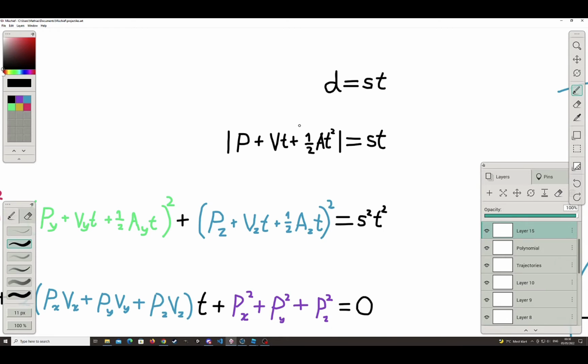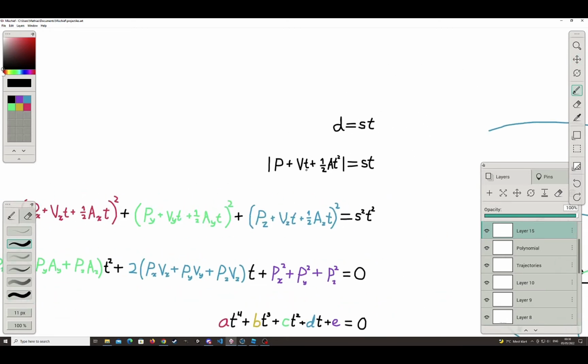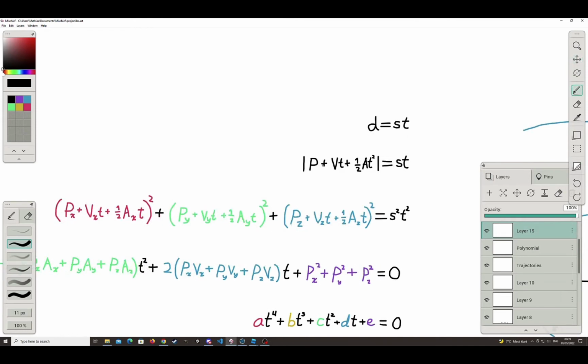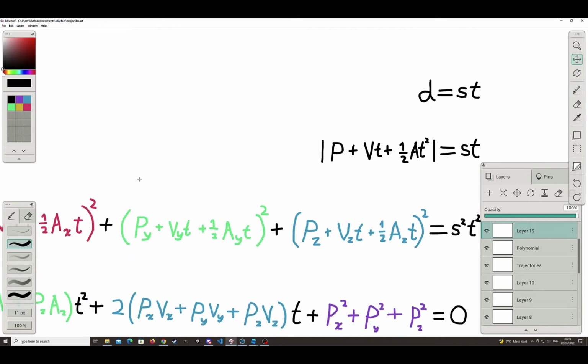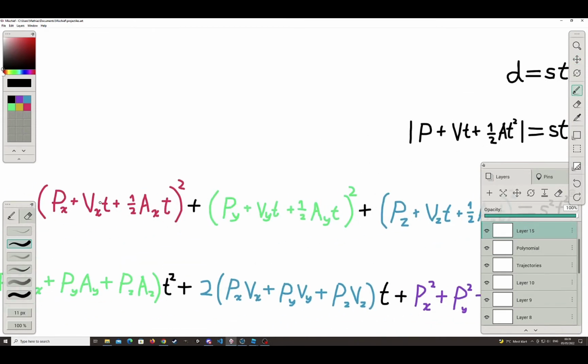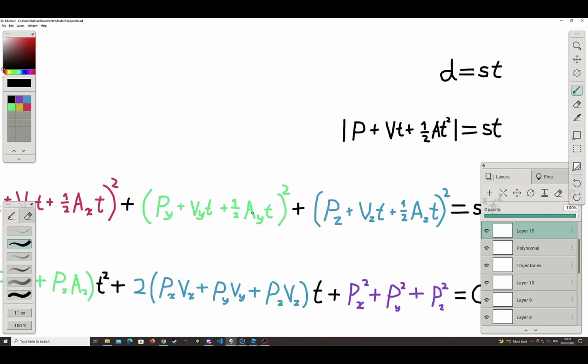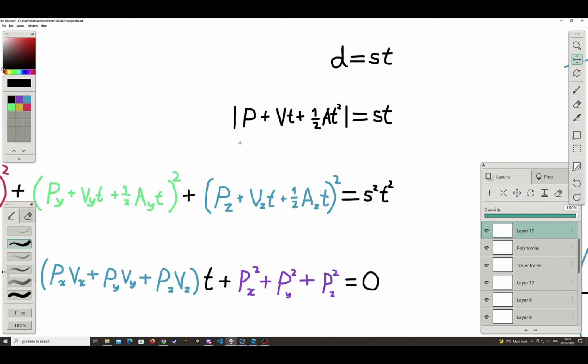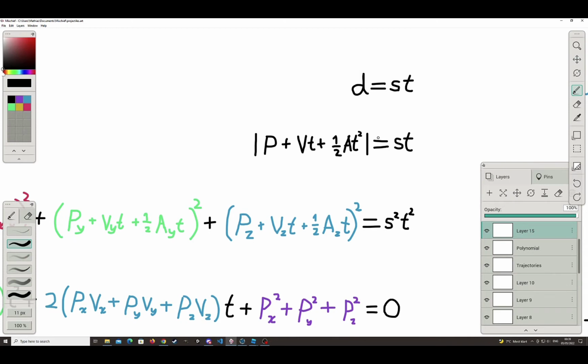Down here, I want to expand this so we have it for each individual axis. So that's what I'm doing here. I'm expanding this so I have the px, vx, and ax. Here are the y and then the z components. And to get rid of that square root we might get from this distance function, we can just square both sides.